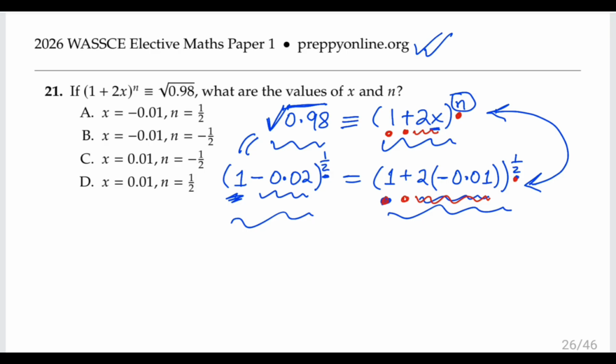It means that n is equal to half, because the exponents are the same when the bases are the same. And that means that x is equal to minus 0.01. So looking at the answer options, the answer is A.